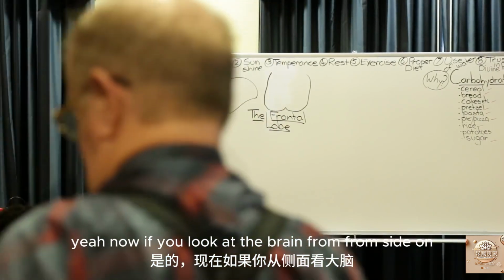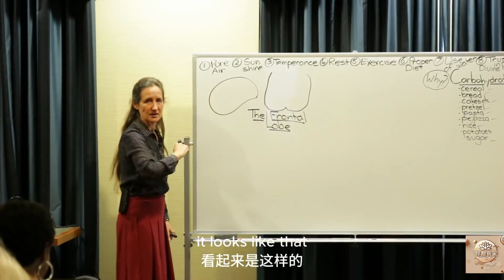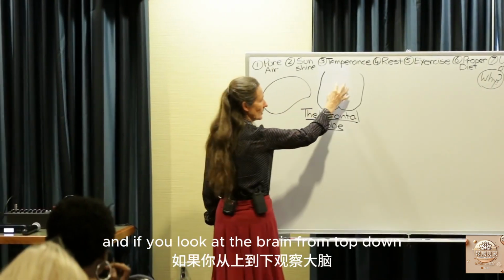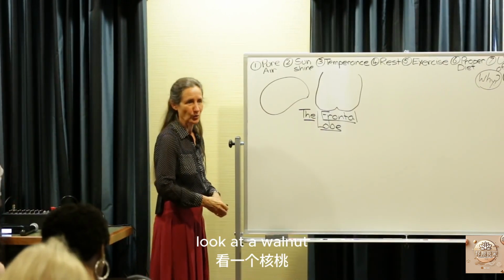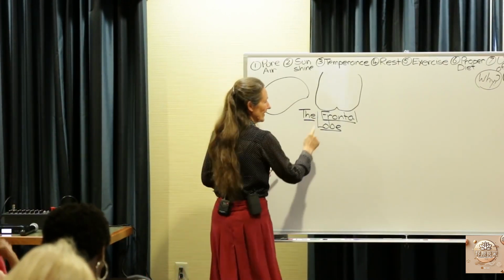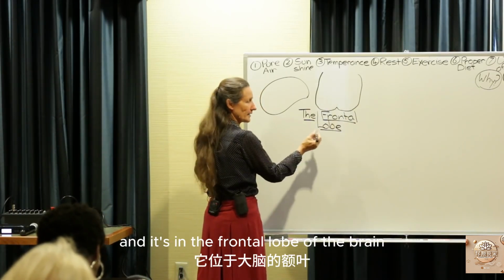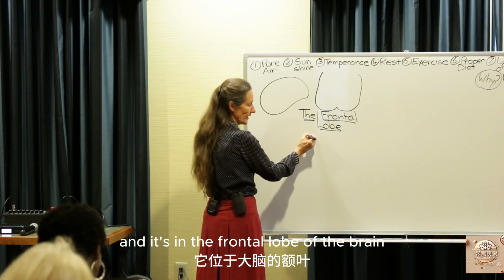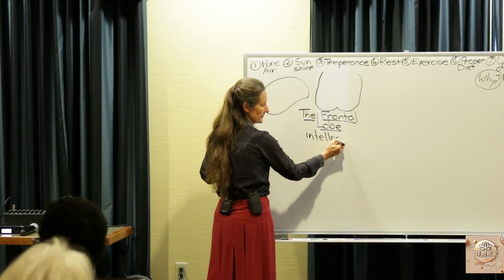Yep. Now if you look at the brain, from side on it looks like that, and if you look at the brain from top down it looks like this. If you want to know what your brain looks like, look at a walnut. Now there are two lobes in the front, and medicine calls it the frontal lobe, and it's in the frontal lobe of the brain where our intellect is.